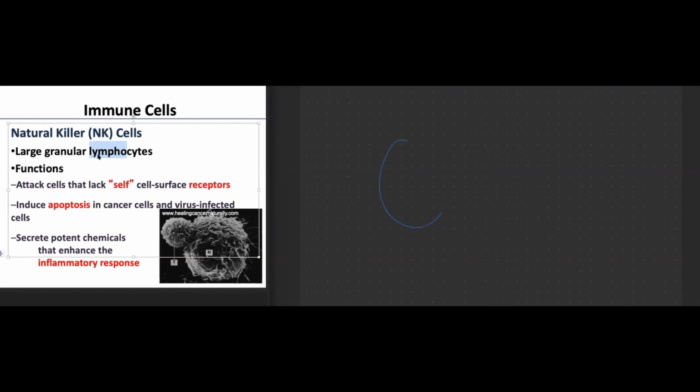So if this is a natural killer cell, and those are two of my cells, one that got infected by a virus, so the virus embedded itself inside and it's taken advantage of all the resources present in my cell. And here, this is a normal cell.